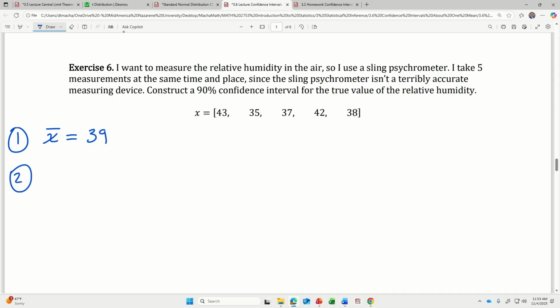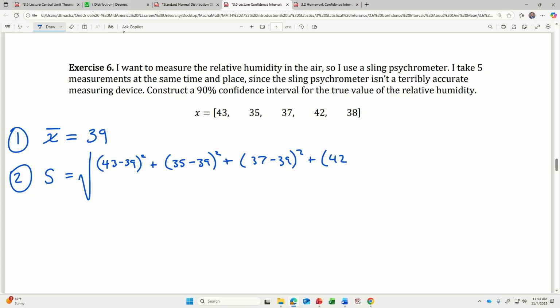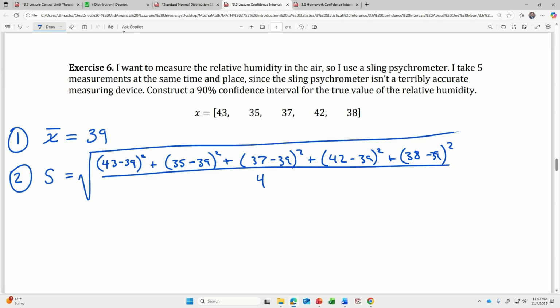And then step number 2, I want to find the sample standard deviation, which is going to be the square root of 43 minus 39 squared plus 35 minus 39 squared plus 37 minus 39 squared plus 42 minus 39 squared plus 38 minus 39 squared, divided by 4, right, divided by n minus 1.